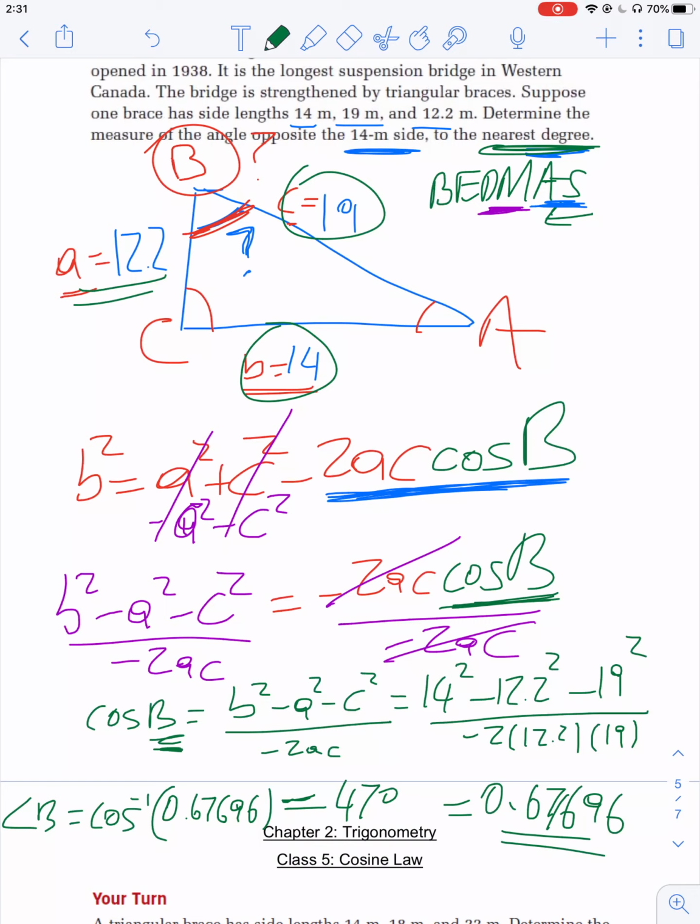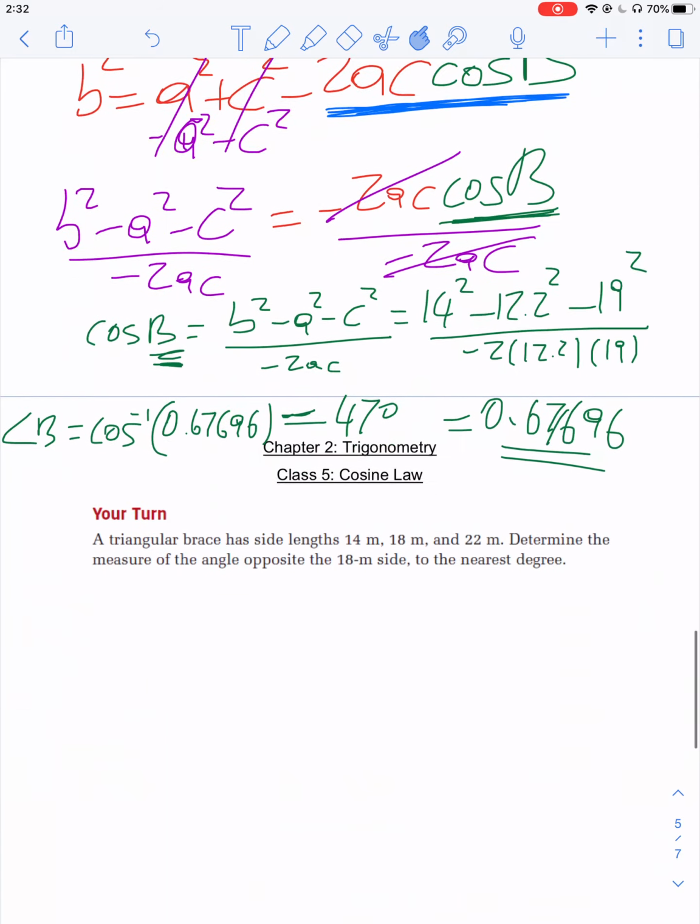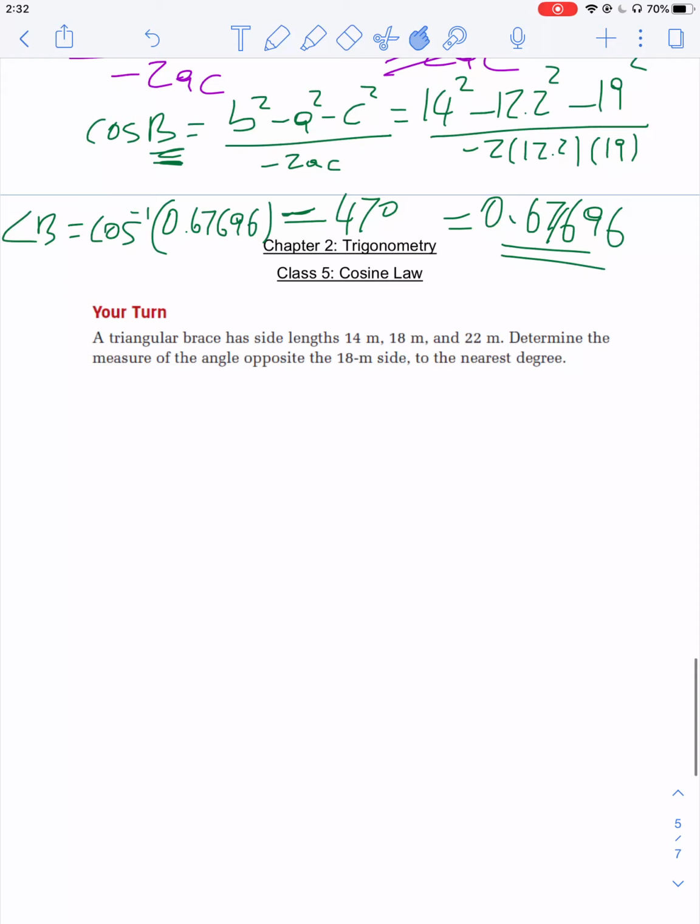So like I said, the algebra is tricky, but if you understand how BEDMAS works, then hopefully this makes sense. So what I'm going to ask you to do is practice your algebra by solving this question now, and then compare your answers with me, okay?